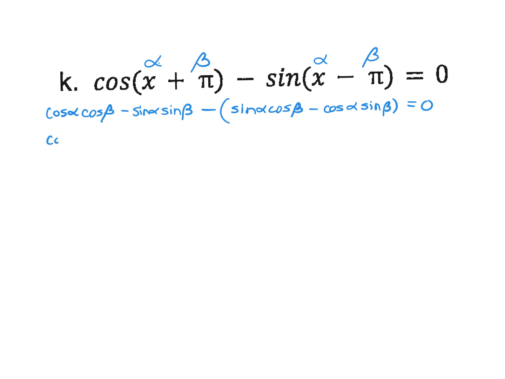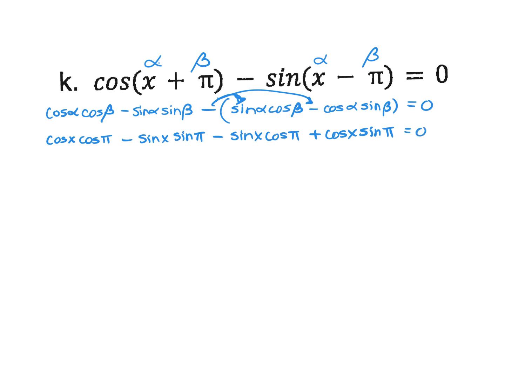So this becomes cosine x cosine pi minus sine x sine pi. Ooh, this is going to be nice. Minus sine x cosine pi plus, because remember this gets distributed, doesn't it? Cosine x sine pi.